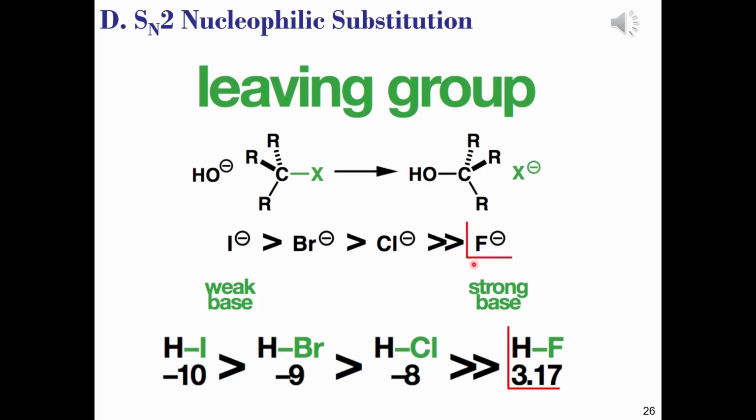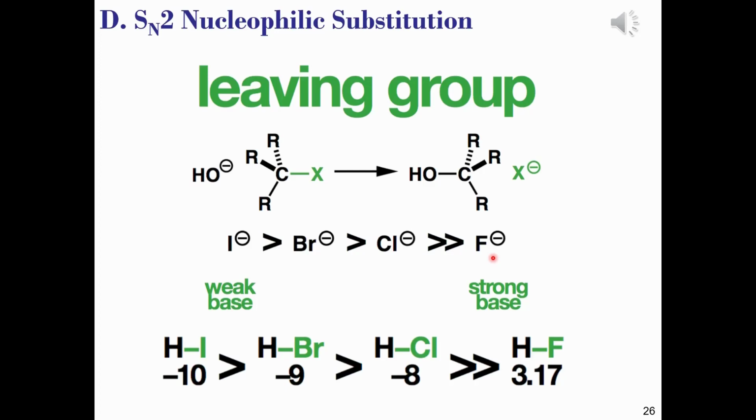The fluoride ion of all of these has the highest value for pKa. It has a high charge density and correspondingly again is the smallest of these anions, and so as a result does not stabilize the negative charge particularly well.